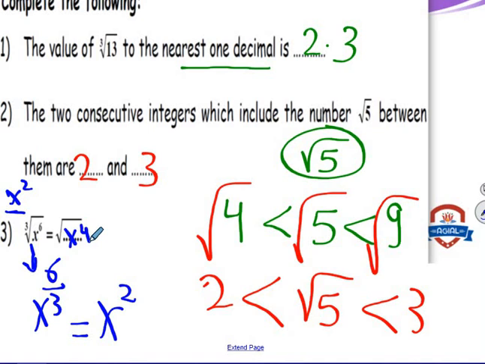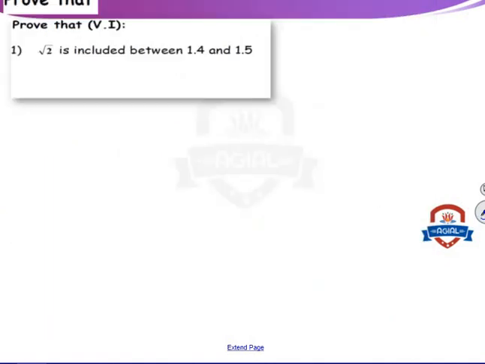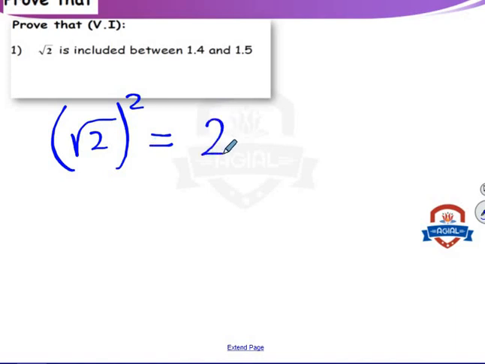The next question. Prove that the square root of 2 is included between 1.4 and 1.5. Here we have the square root of 2 to the power of 2, which will be 2, and 1.4 to the power of 2.